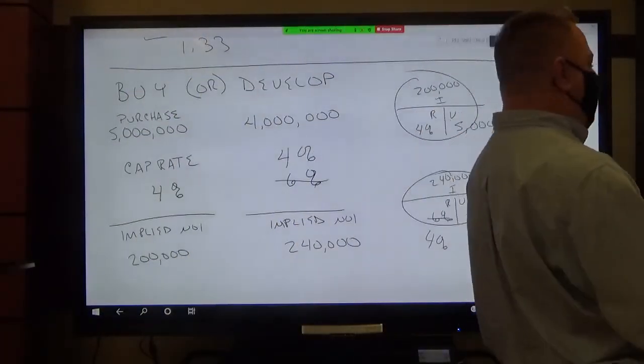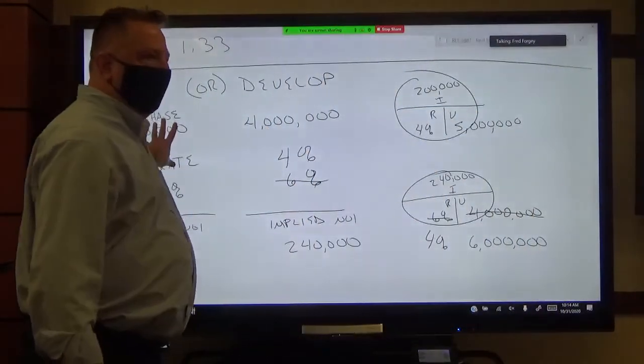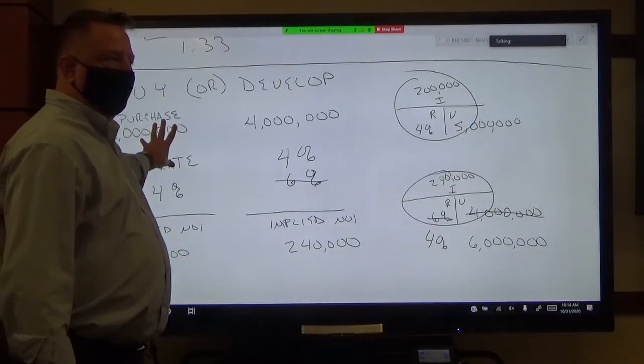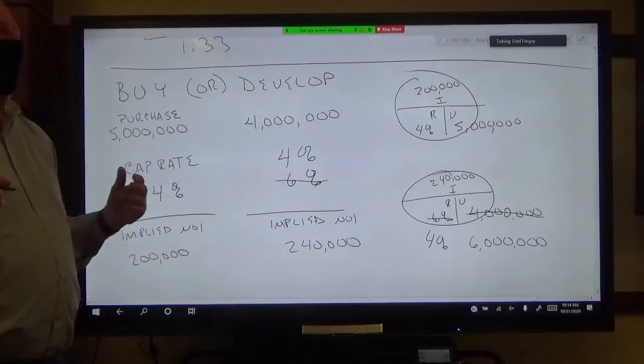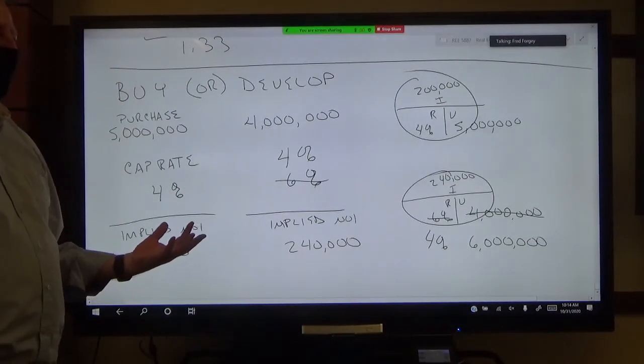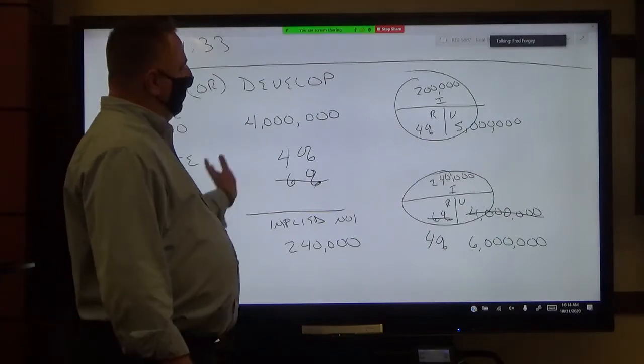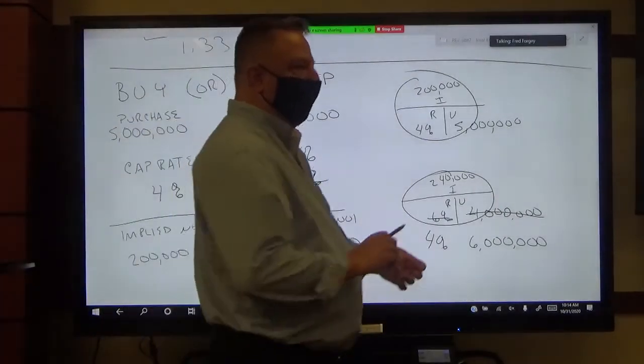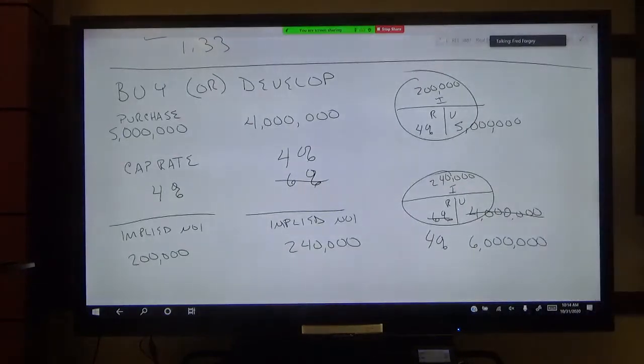Whereas the property for purchase, probably the best way to think of it, has kind of maxed out its value.